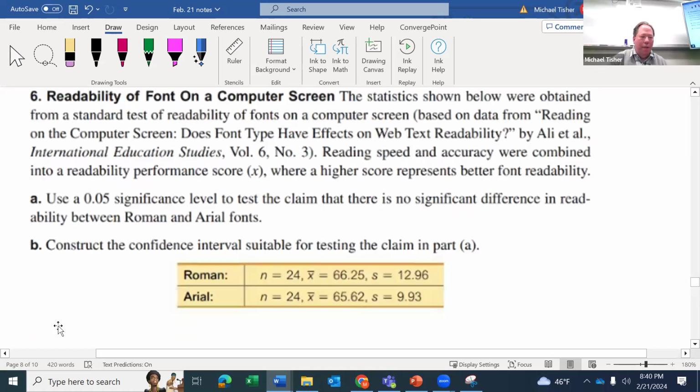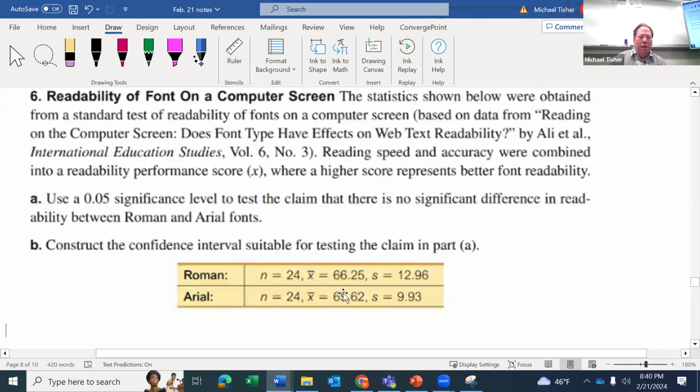Here are the stats. n equals 24 means we surveyed 24 people, and the average for Roman was 66.25, with standard deviation 12.96. For Arial, 24 different people. We had 24 people read the Roman, and that's their stats there. We had another 24 people read the Arial, and this is the mean and the standard deviation for that.